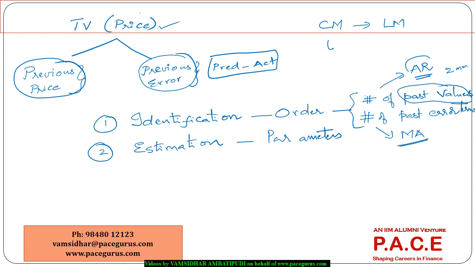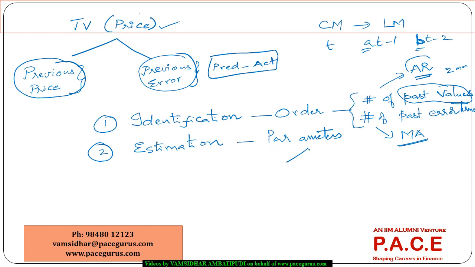So the current month T is dependent on the value T minus 1 as well as T minus 2. Then how much weightage should I give to T minus 1, and how much to T minus 2? These are what I am calling the parameters. So I have to estimate the parameters of the model.